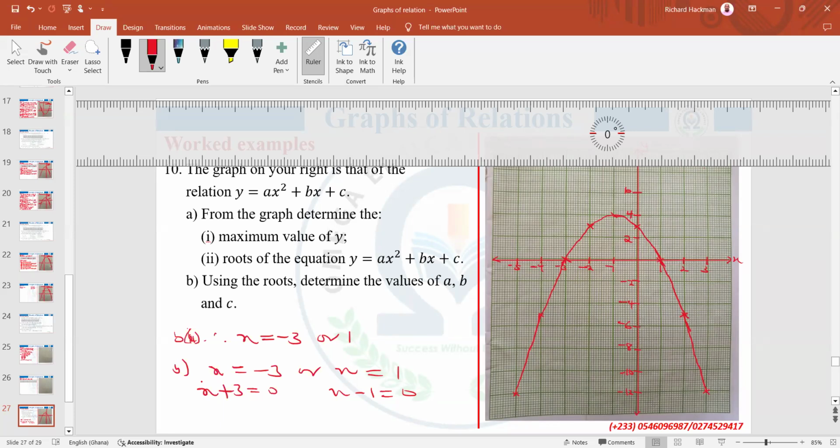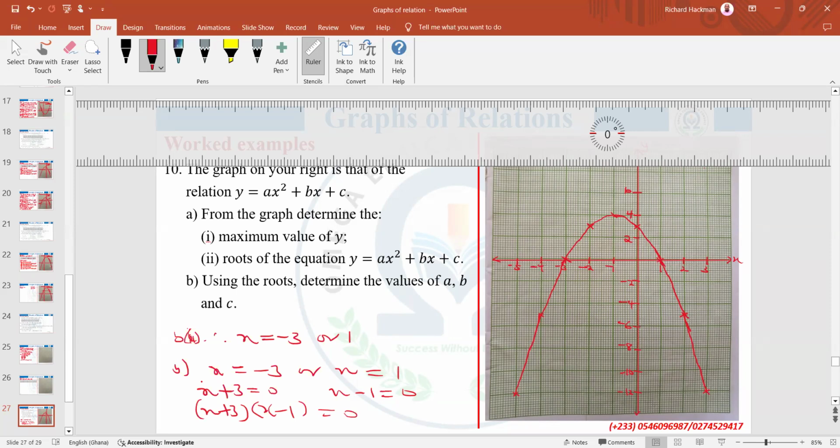So here, what you only do is come and multiply these two sides, so you get x plus 3 into x minus 1 is equal to 0. You expand. After expansion, combine like terms and you compare.